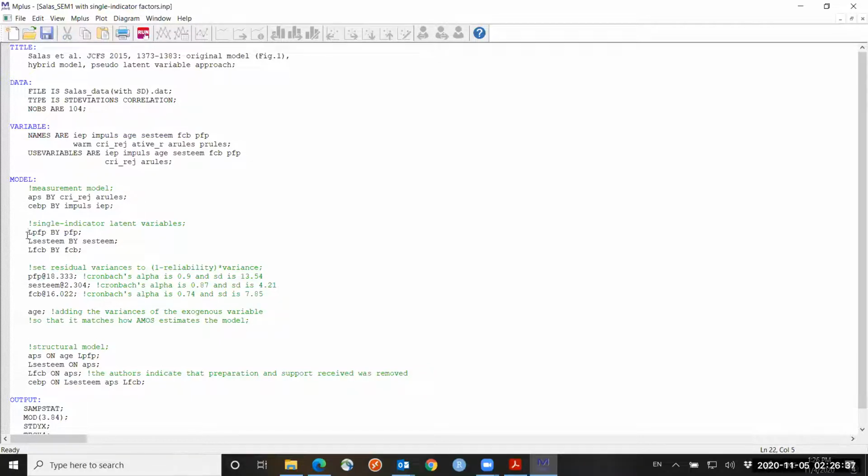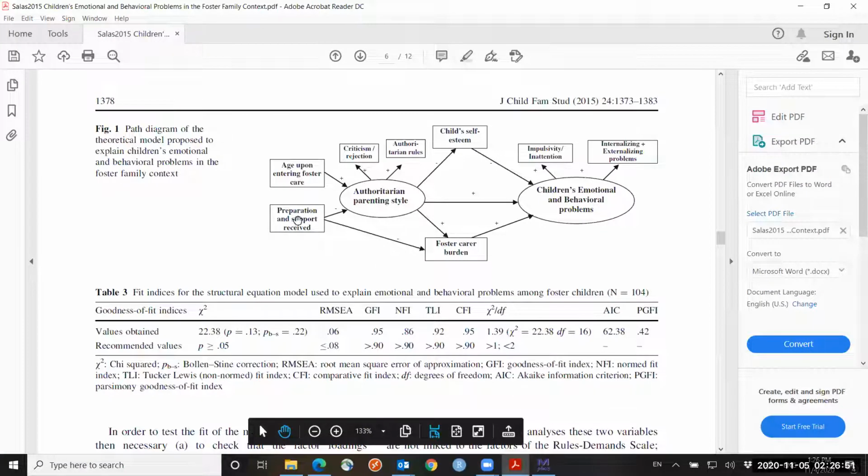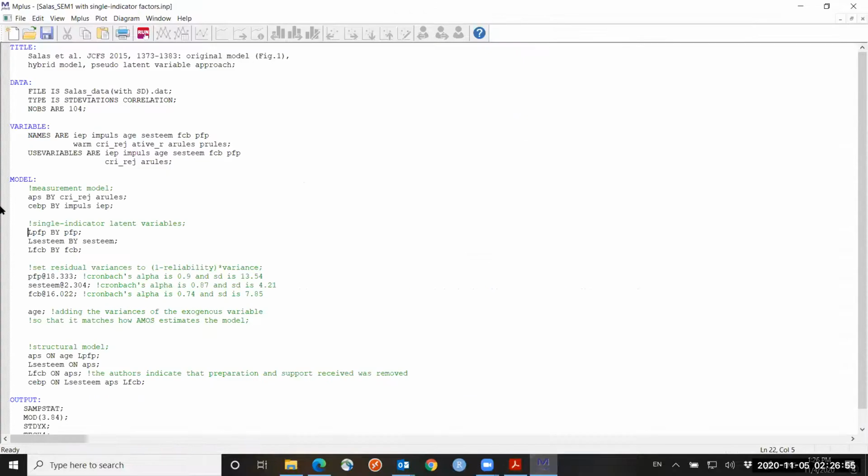For the latent variables with single indicators, I just put an L in front of the variable name. So this is latent PFP measured by PFP. So preparation support received now becomes a latent variable with one indicator. Latent self-esteem measured by self-esteem, latent FCB measured by FCB.